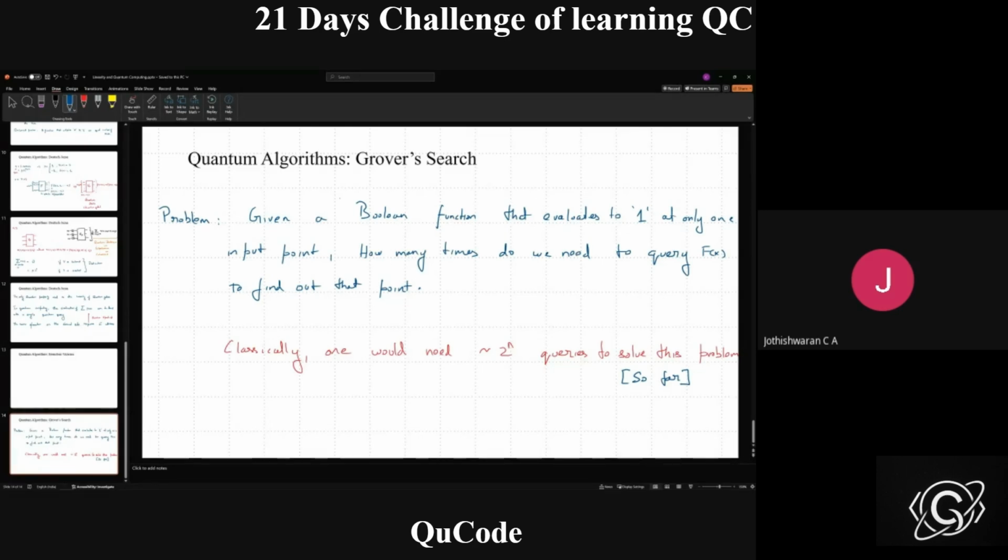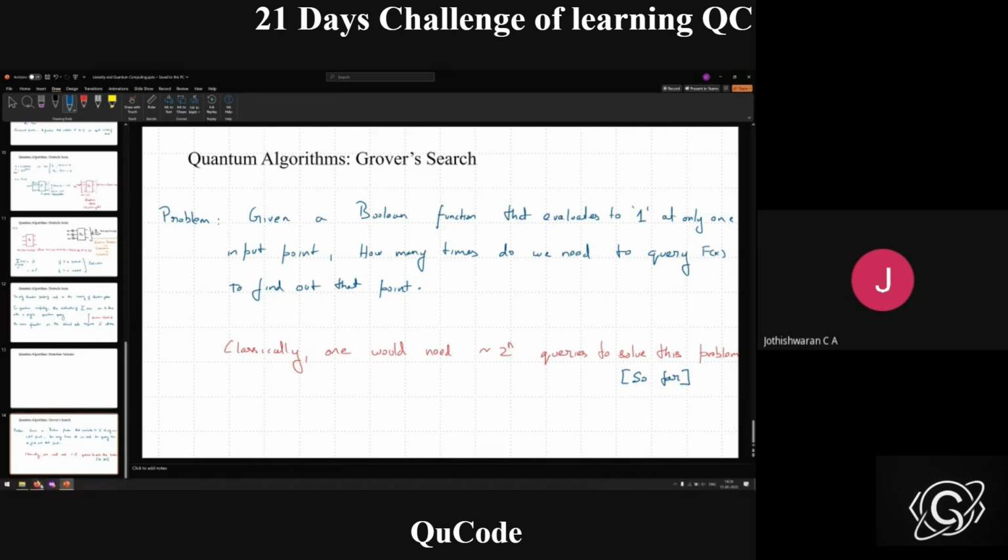And more than that, less than that, I cannot do. If I'm given no information at all, other than only this, that it evaluates to 1 at only 1 point. But is there a classical algorithm to perform it using the same number of queries? Right now, the answer is no. But who knows, somebody might discover something in the future. Okay, so this is not like the be all and end all.